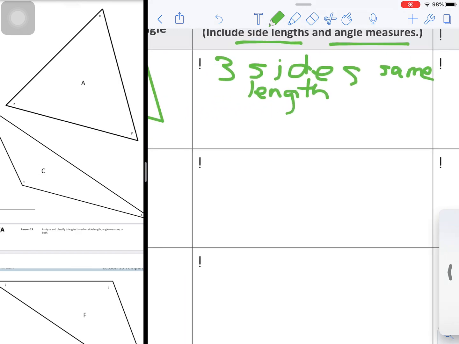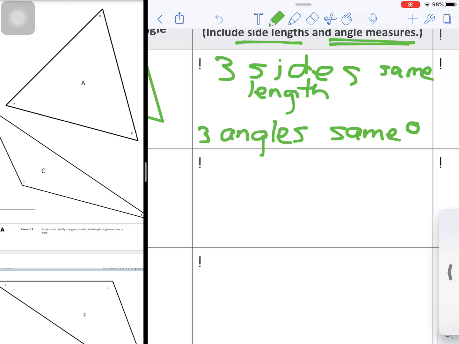The other thing I notice is in the angles, I have 3 angles that are about the same measure. I'm going to use the little symbol for degrees here rather than trying to fit the word measure in there.